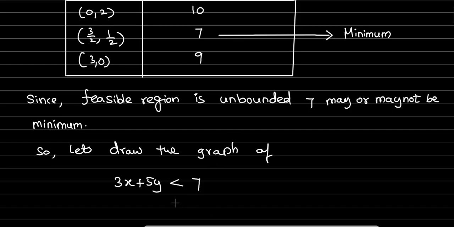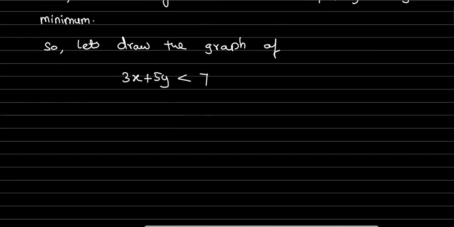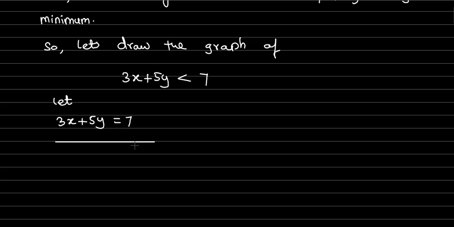To draw the graph of the inequality, generally we convert it to an equation. So let 3x plus 5y equal 7. To draw the line of 3x plus 5y equal to 7, we need a minimum of 2 points.